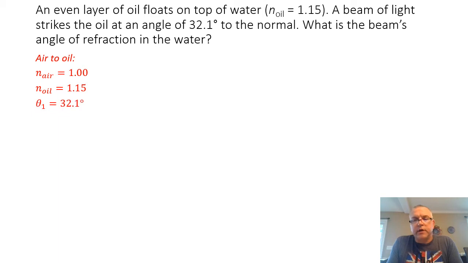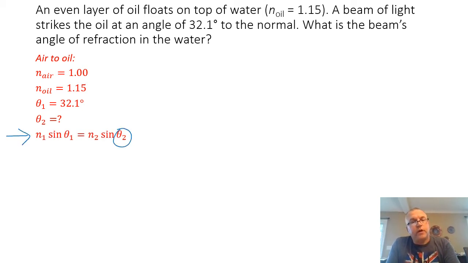And the first thing we're going to need to find is my angle of refraction when it crosses the air to oil boundary. So we are going to start off with Snell's law right here. And solving Snell's law for theta 2 will give us theta 2 equals the inverse sine of n1 times sine theta 1 divided by n2.